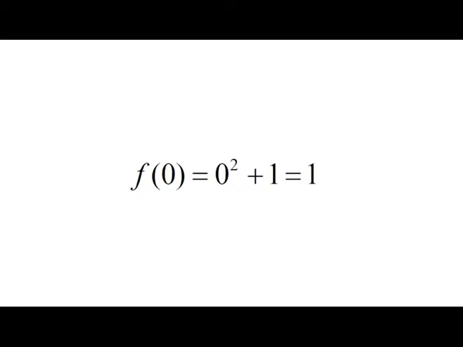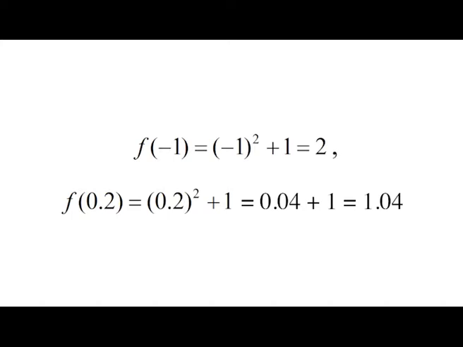In particular, f of 0 is the image of 0 under f and is given by f of 0 equals 0 squared plus 1 equals 1. Similarly, f of negative 1 equals negative 1 squared plus 1 equals 2, f of 0.2 equals 0.2 squared plus 1 equals 0.04 plus 1 equals 1.04.